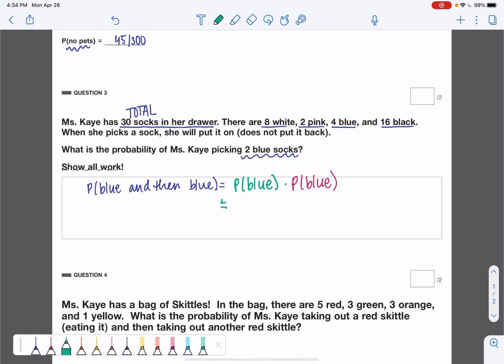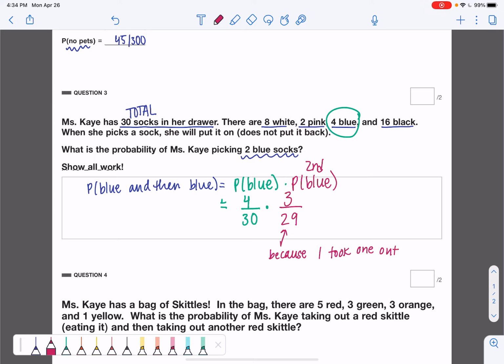So for our first blue sock, there are a total of 30, and there are a total of 4. For the second blue sock, there are 29 because I took 1 out.